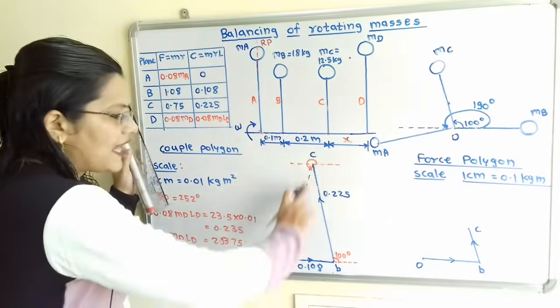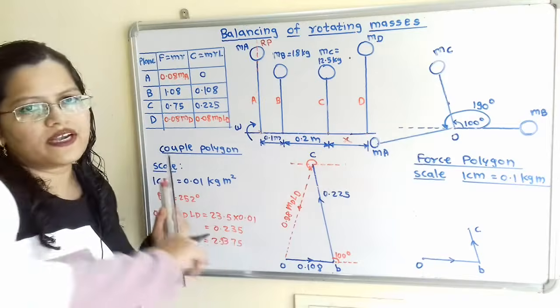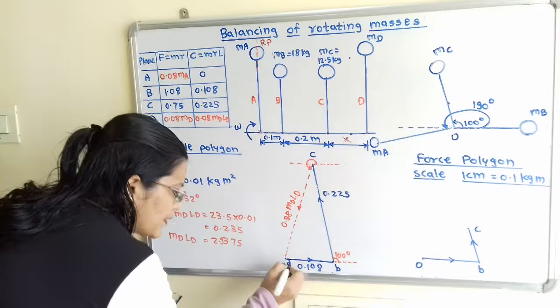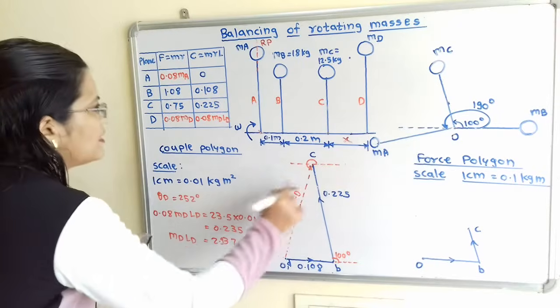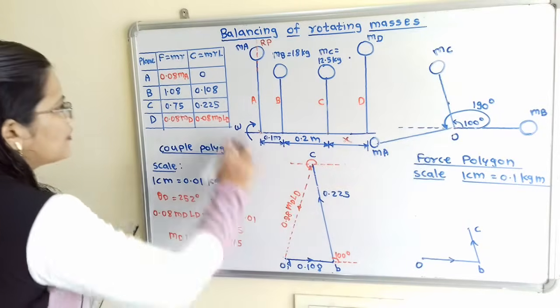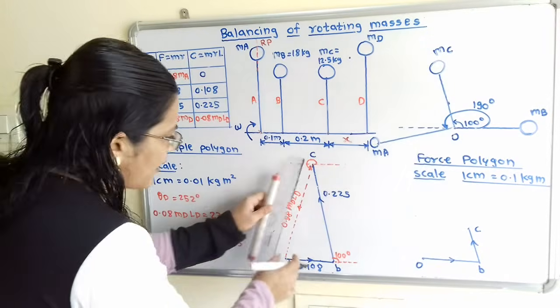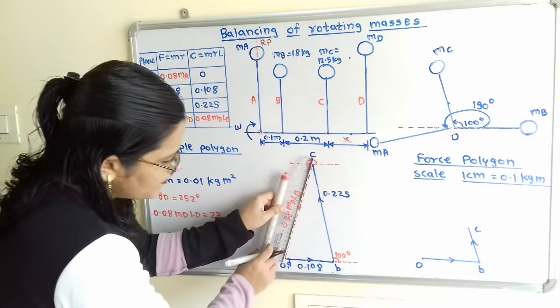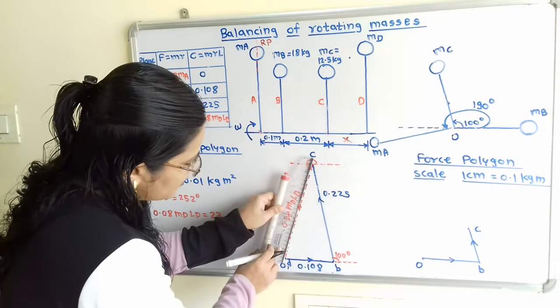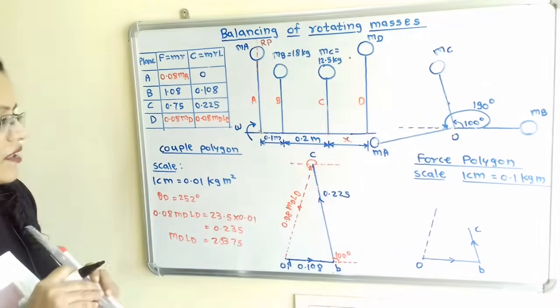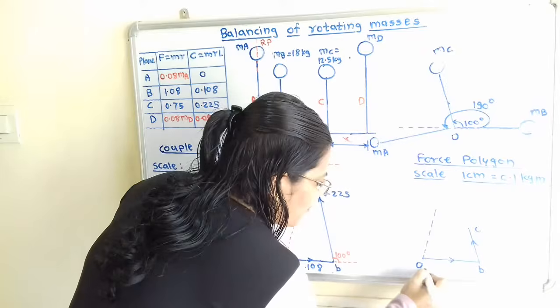Now for this direction of D, that is in the downward direction, and here this point O as well as point D, because this is for this line couple polygon is for this couple for point D, that is from C to D. So here I will transfer this same line from couple polygon to the force polygon. And this point we will consider as the point D.